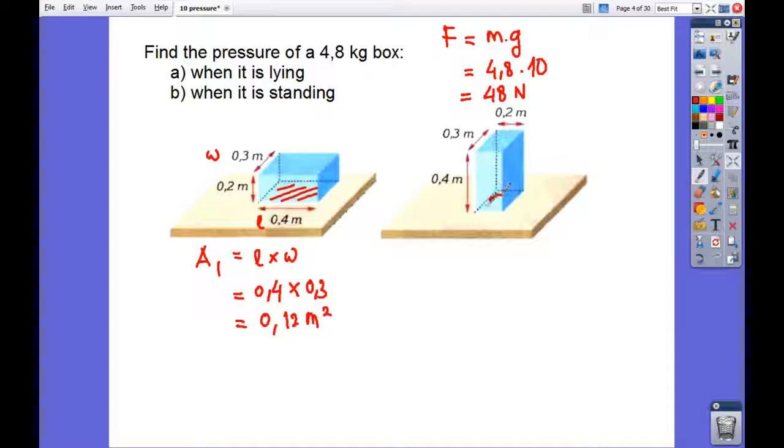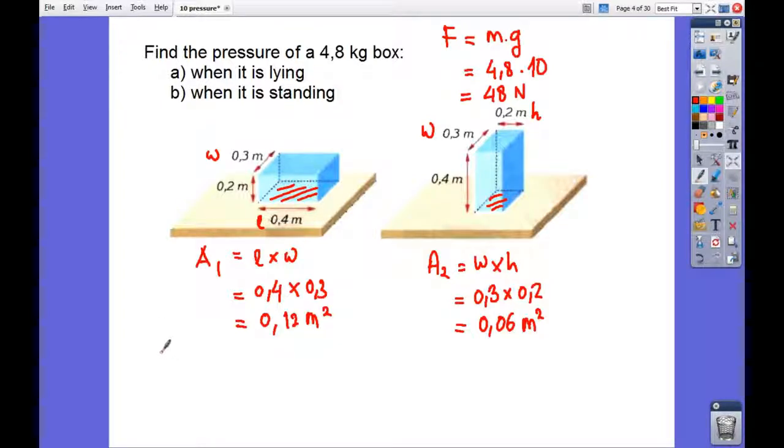For the second condition, the base area is the width times height. 0.3 times 0.2 is 0.06 meter squared.